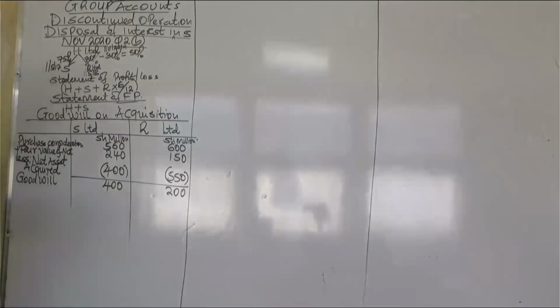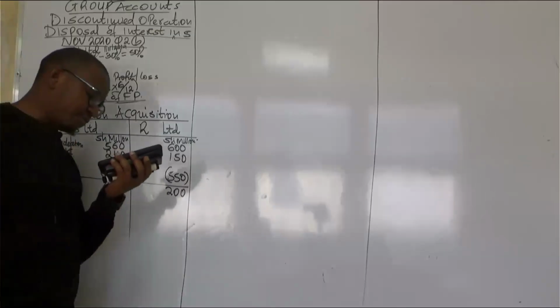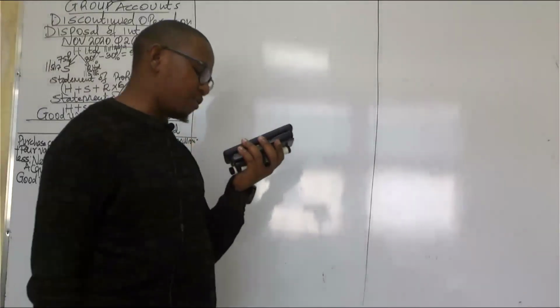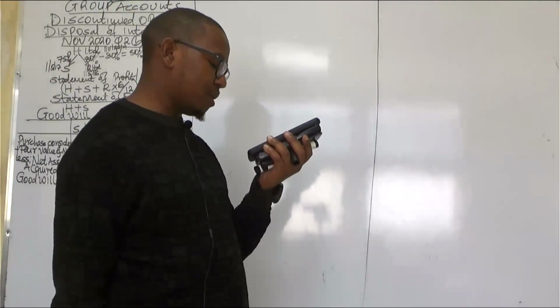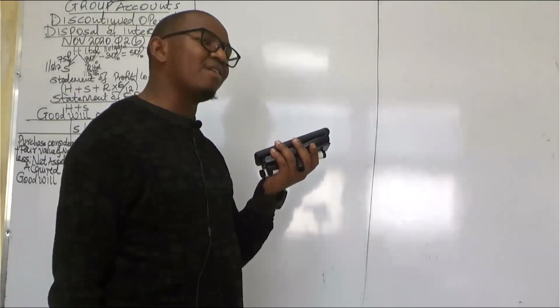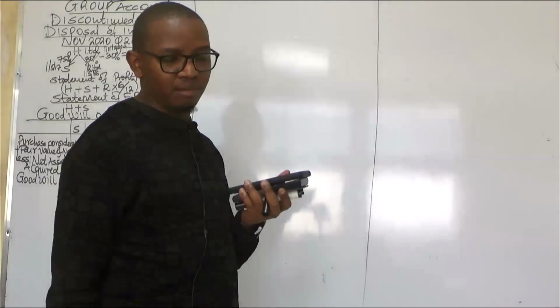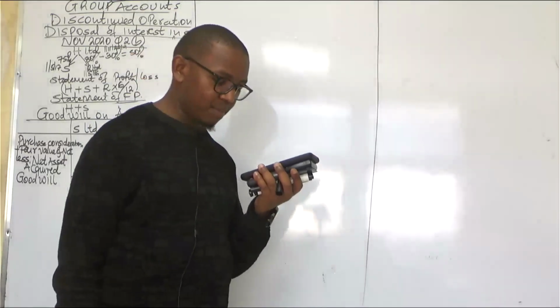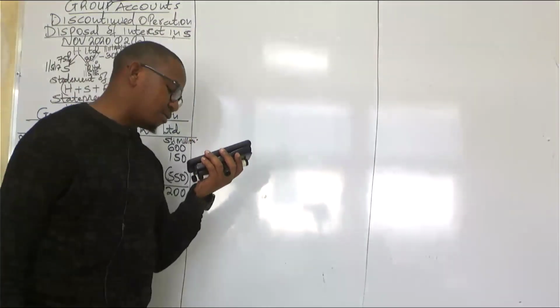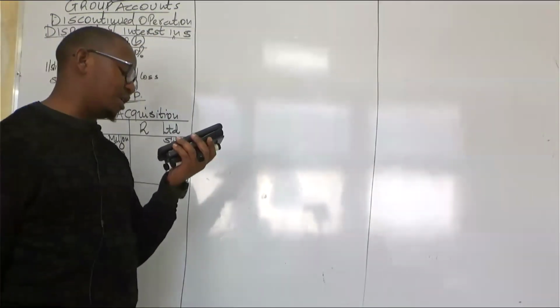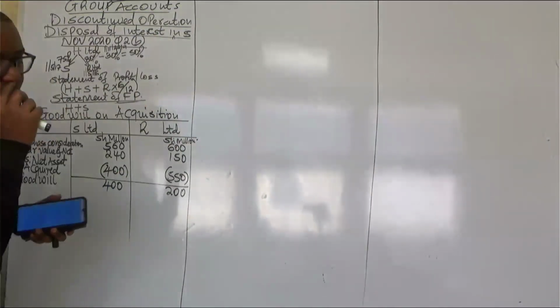We go to the impairment in additional information number 5. Goodwill arising from acquisition was tested for impairment annually. And as of April 2019, that is before the year end, we are told that the goodwill on acquisition of S Limited had been reduced in value by how much? 15%.